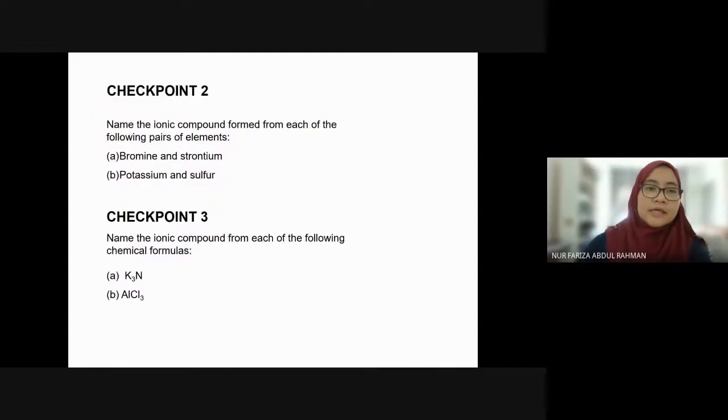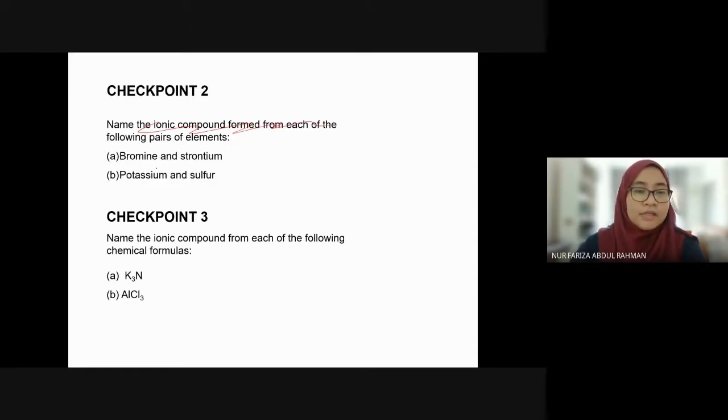Checkpoint number 2: name the ionic compound formed from each of the following pairs of elements. You have to identify whether this is an ionic compound, regardless of what we have in the question.